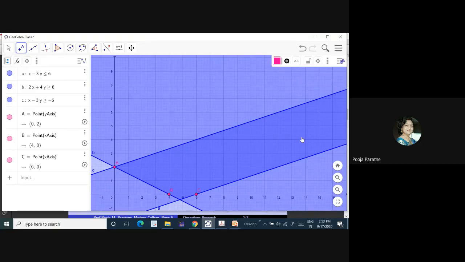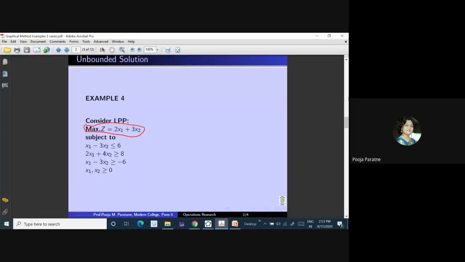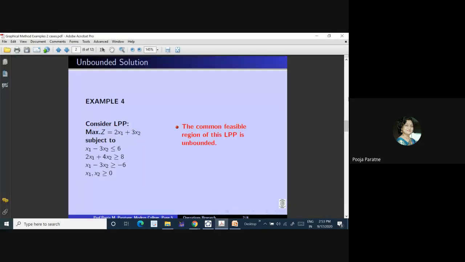So this linear programming problem has an unbounded solution. We can write the solution in this way. The common feasible region of this LPP is unbounded. Hence, Z max, the maximum value of Z, does not exist. And therefore, the conclusion is that this linear programming problem has an unbounded solution.